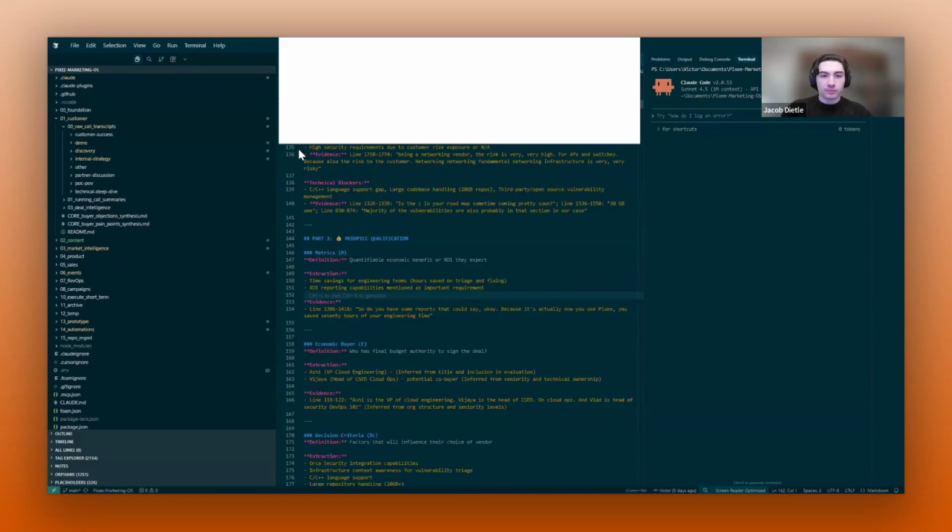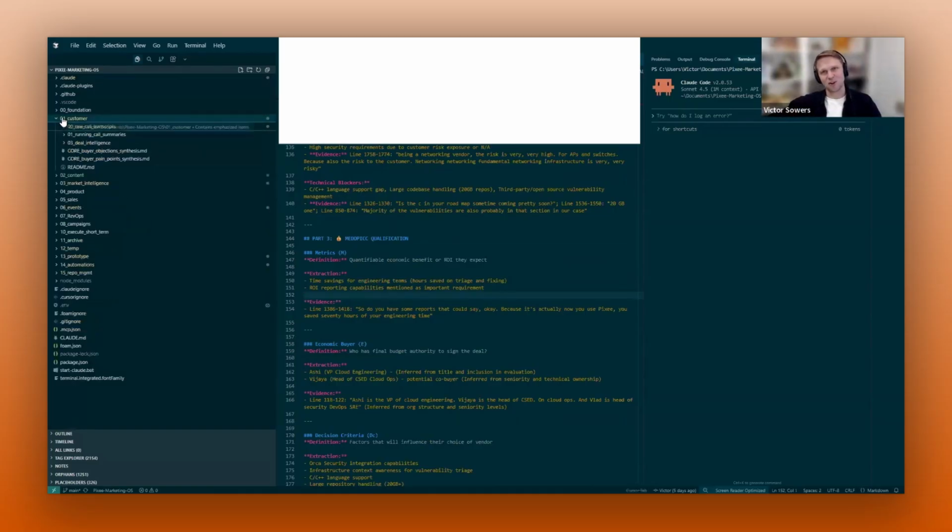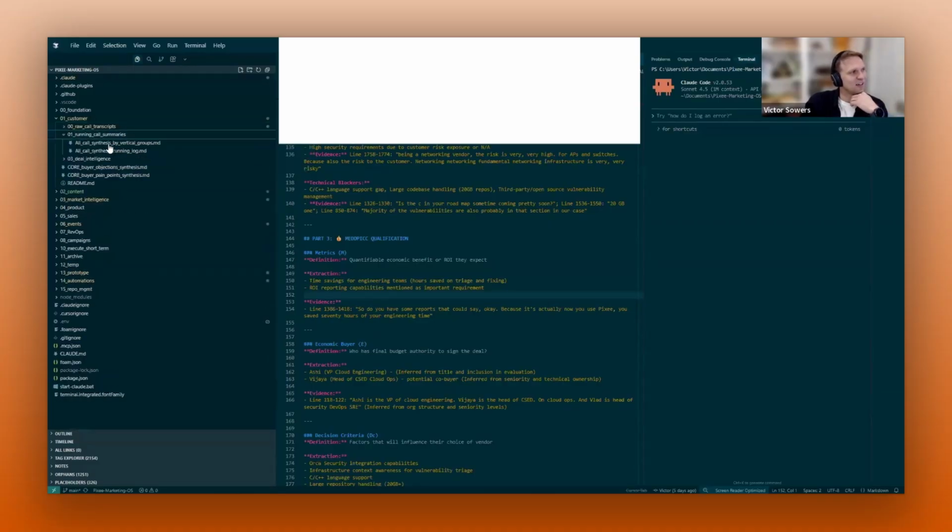But more importantly, those call transcripts in the customer folder are then all rolled up collectively. At this point, there's several hundred calls into what we call these synthesis documents. So you've got all the pain points across all the calls, all the objections, the running log of each call, vertical specific analysis.